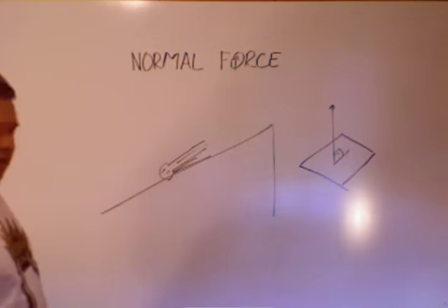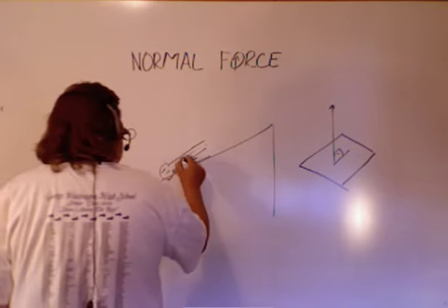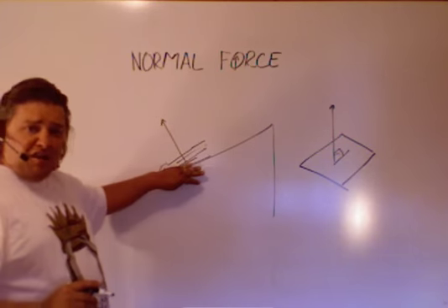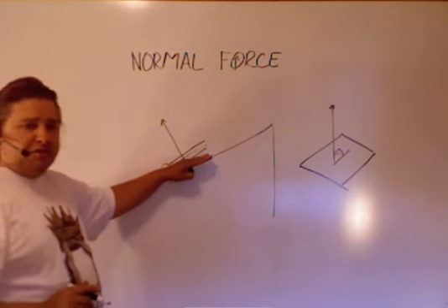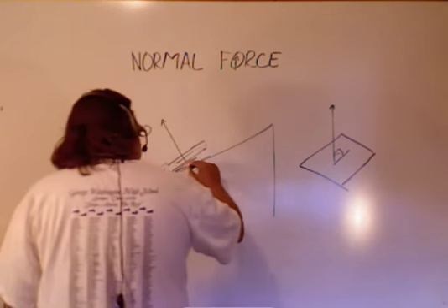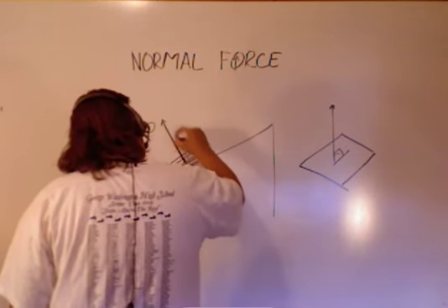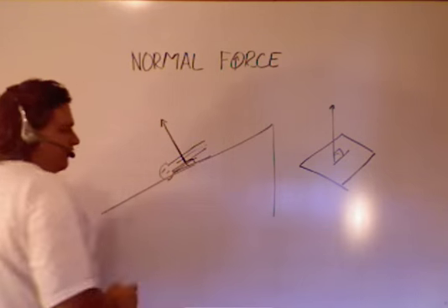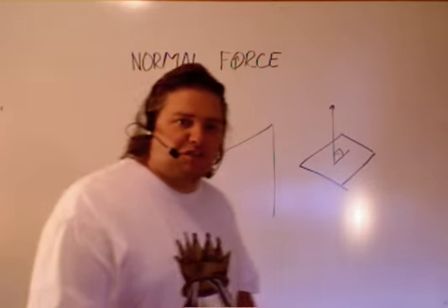Okay. The normal force has always got to be perpendicular to that area that's in contact. The book surface, the book cover, is in contact with this ramp. The normal force has to respond with whatever force is needed perpendicular to that surface. It always has to be perpendicular to that surface.